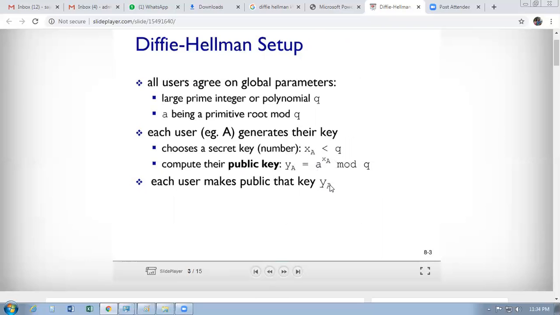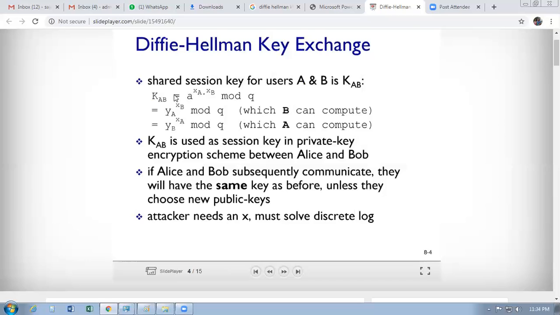Now both users have completed their key generation process. The shared session key is termed KAB. It is calculated as a power XA times XB modulus q, that is, YA power XB modulus q, or YB power XA modulus q.